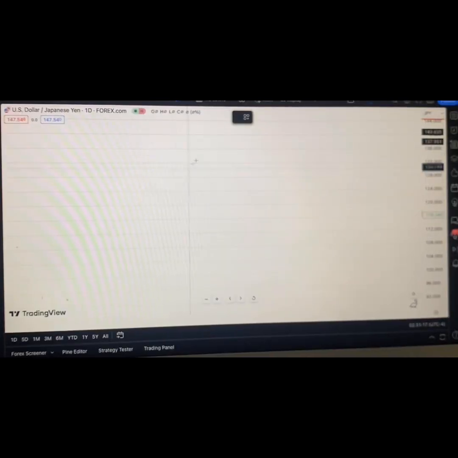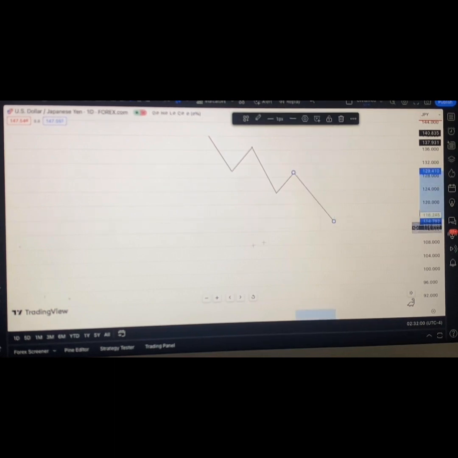If price pushes down and pushes up, pushes down, this is a downward movement, price pushing down, and we want to draw our trend line.